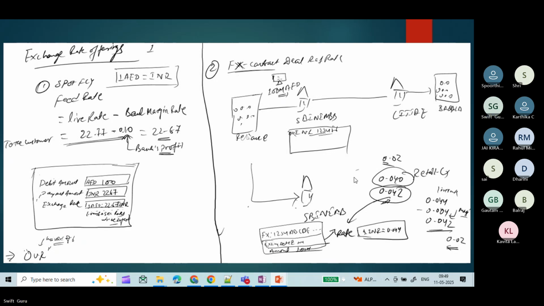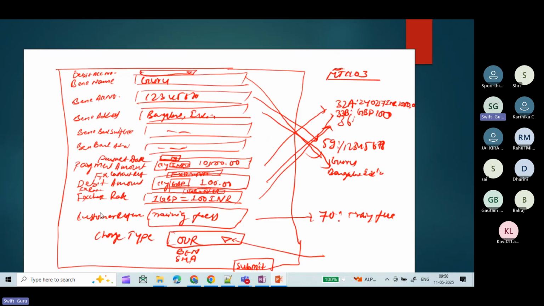So when they are initiating, they will create some kind of a coupon code, just like your Swiggy or Zomato coupon code. Once you populate that, you will get a respective discount. Likewise, the Reliance customer will have to populate this FX deal contract reference number.